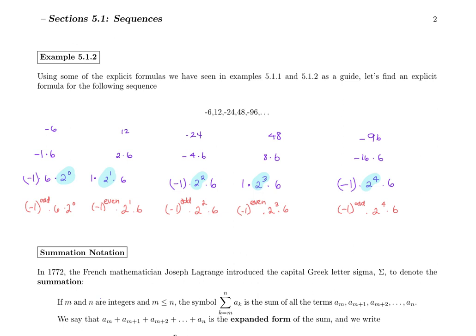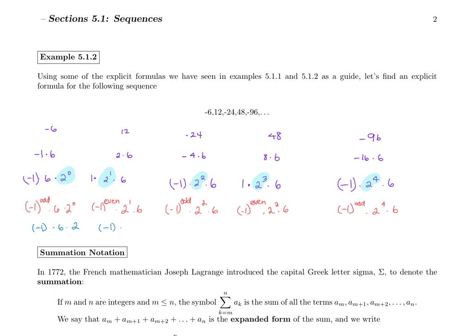All of these powers of 2 would go up by 1 if I pulled the 2 out of the 6. That's one way to look at it. Another way to say this is the 6 is never changing, so let's just leave it there. So we know in our final formula, we want to keep the 6. We know we're going to have a -1 to some power, a 6, and a power of 2.